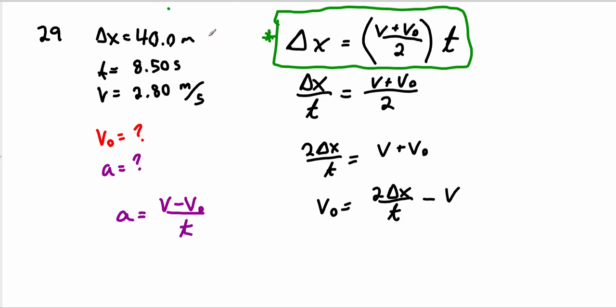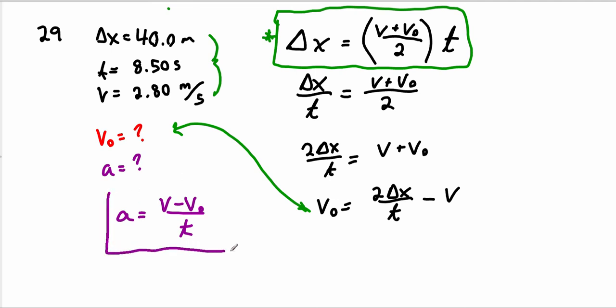Alright, so I have my givens, and in the first part, I'm looking for v0. So I can just rearrange algebraically and solve for v0. Once I have v0, you might want to pause this video and see how I algebraically solve for it.